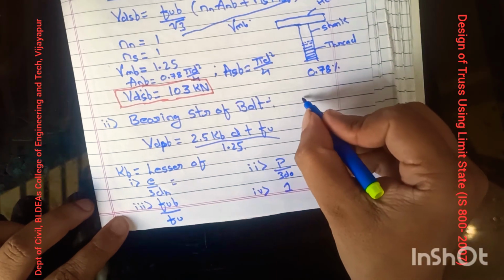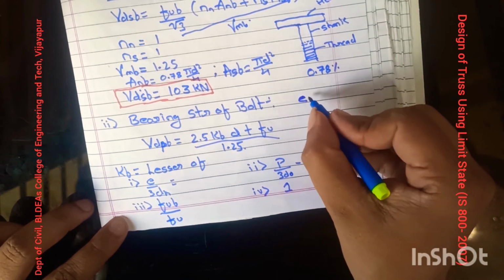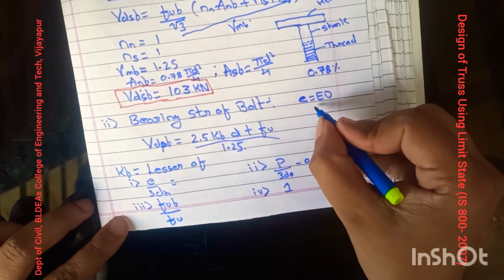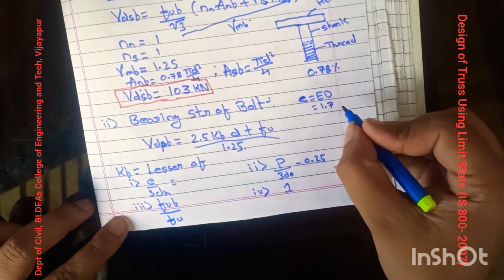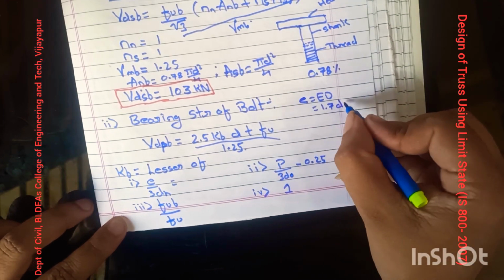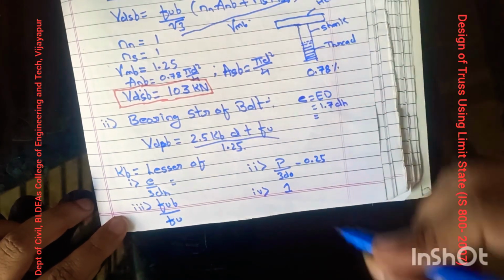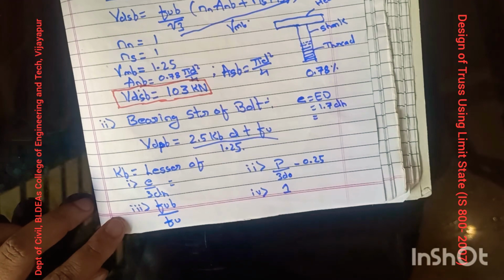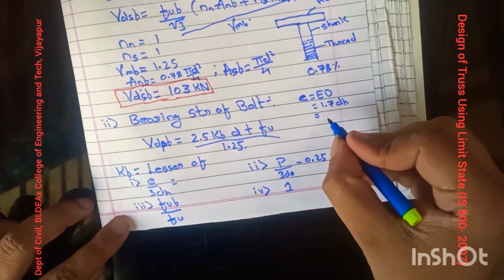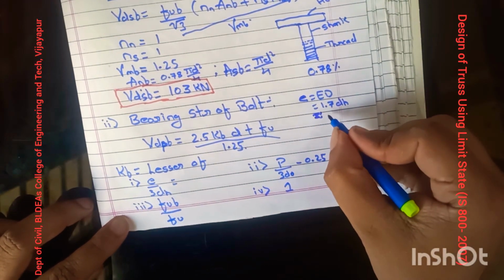Here e is the edge distance, which is 1.7 times the diameter of the bolt hole, minimum edge distance. We have the diameter of bolt as 20, so 20 into 1.7, say 40 mm.